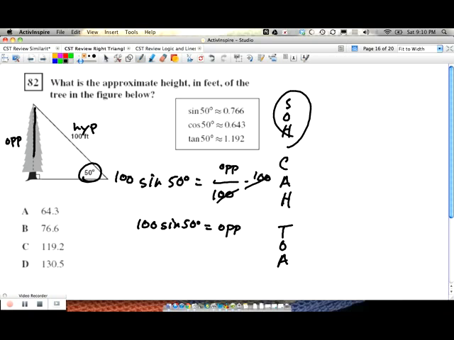Now that's really the height that I'm looking for of this tree. And that's the question that's really asking. Well, sine of 50 degrees is 0.766. So 100 times 0.766 is going to be 76.6. B would be our answer.